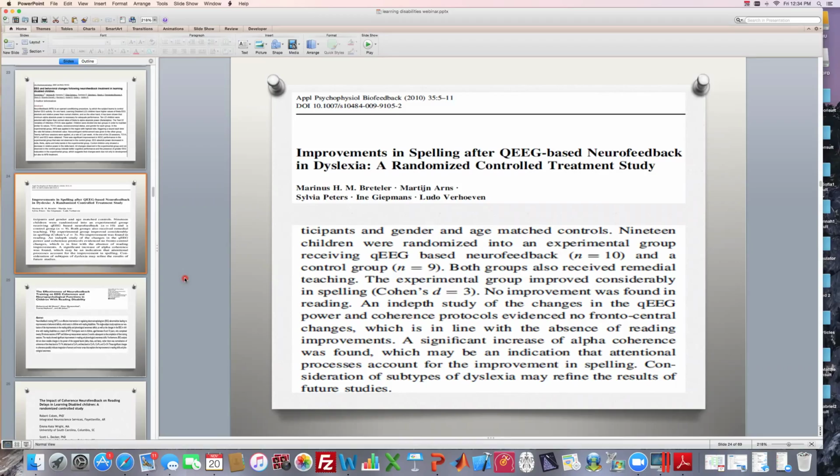From what we've just spoken about, we would expect that to be the case, so we think something is not quite right there already. What they did show is that there was hypercoherence over the right hemisphere. They basically trained that down, and they showed that the groups improved in terms of spelling scores, but not in terms of reading at all.